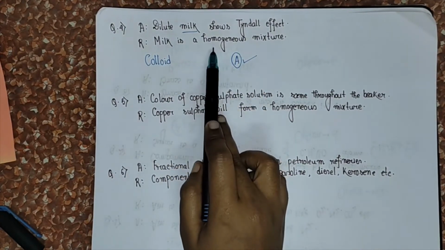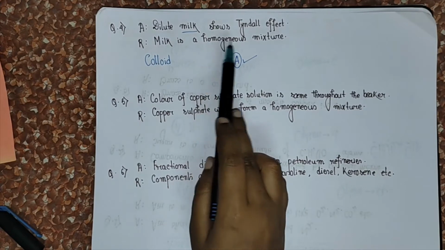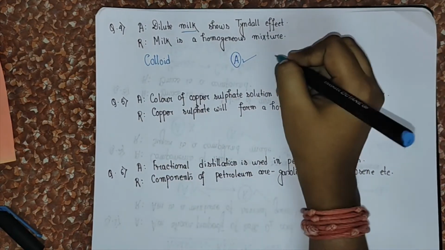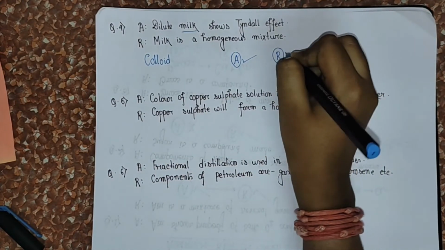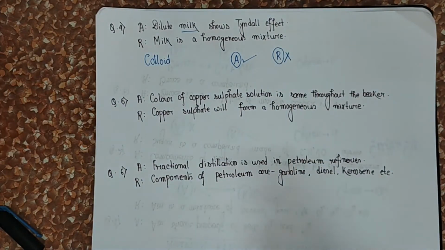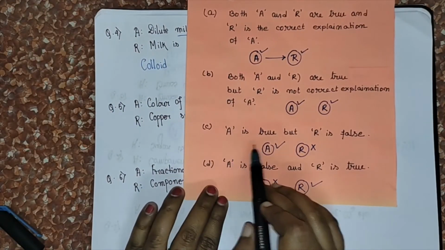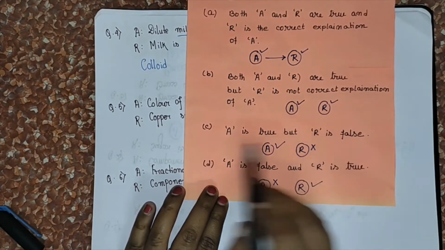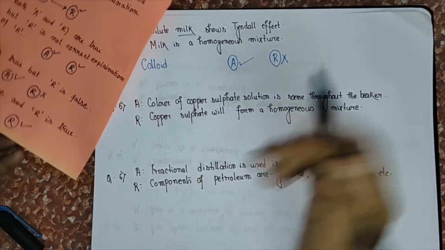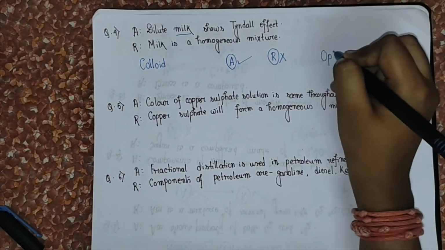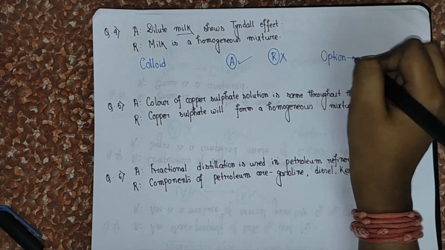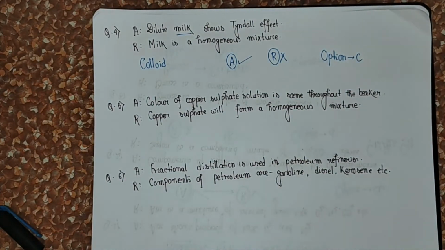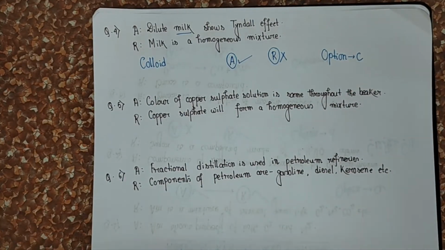No, milk is definitely not a homogeneous mixture. Milk is a colloid. So the reason here is incorrect. So which option will we choose? The assertion is true, but the reason is false. So option number C we will choose. Option number C. Now move to the next question.